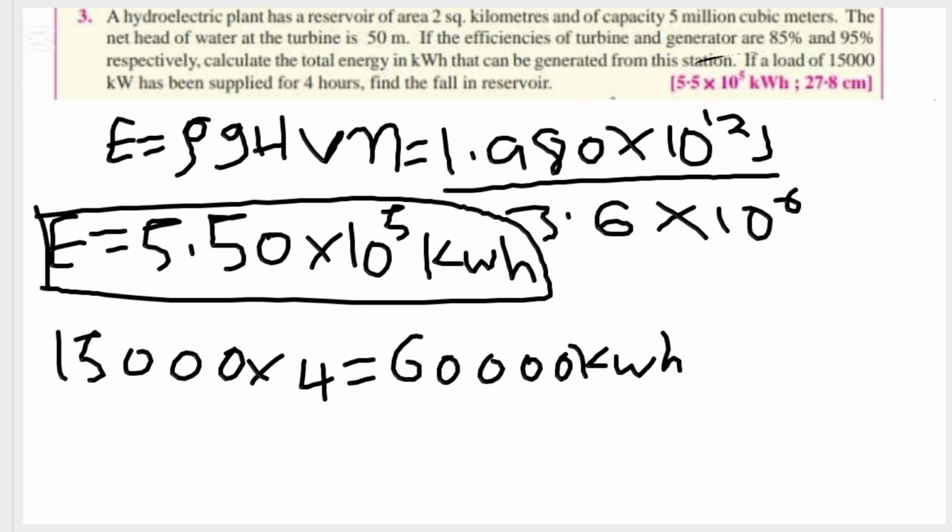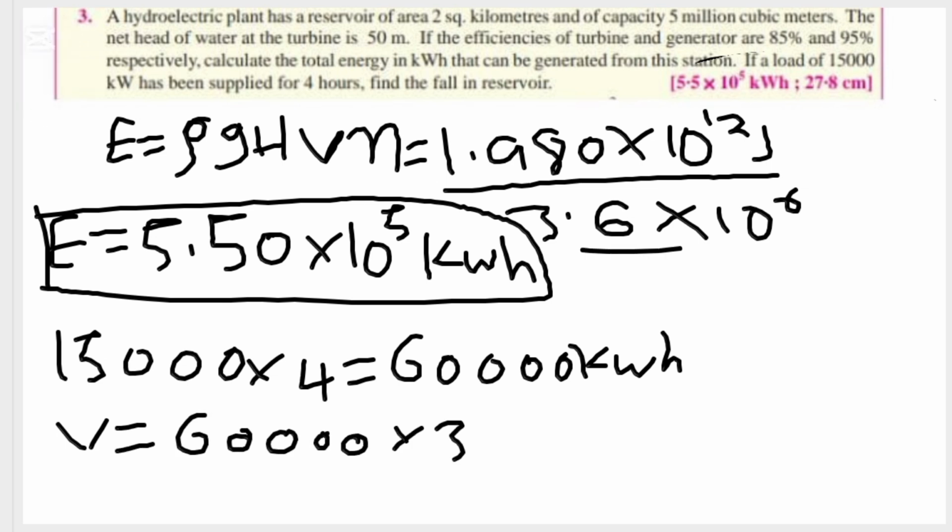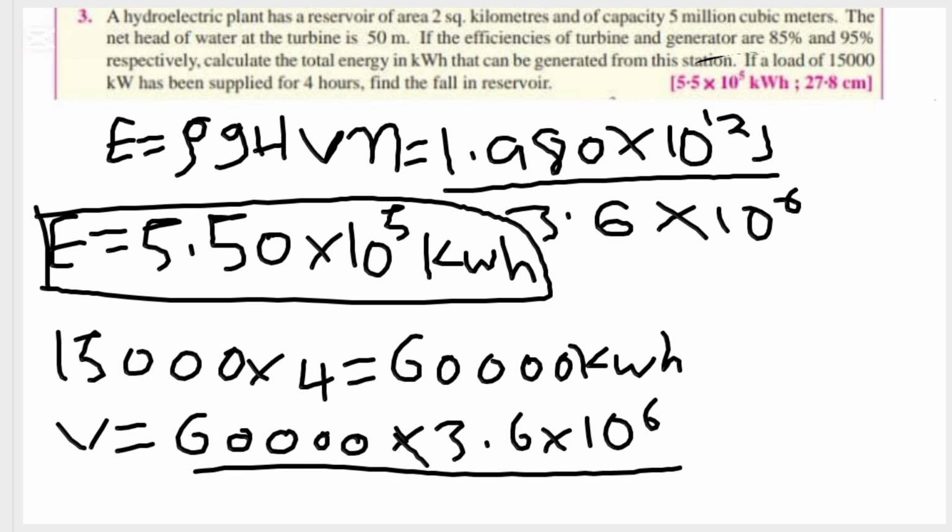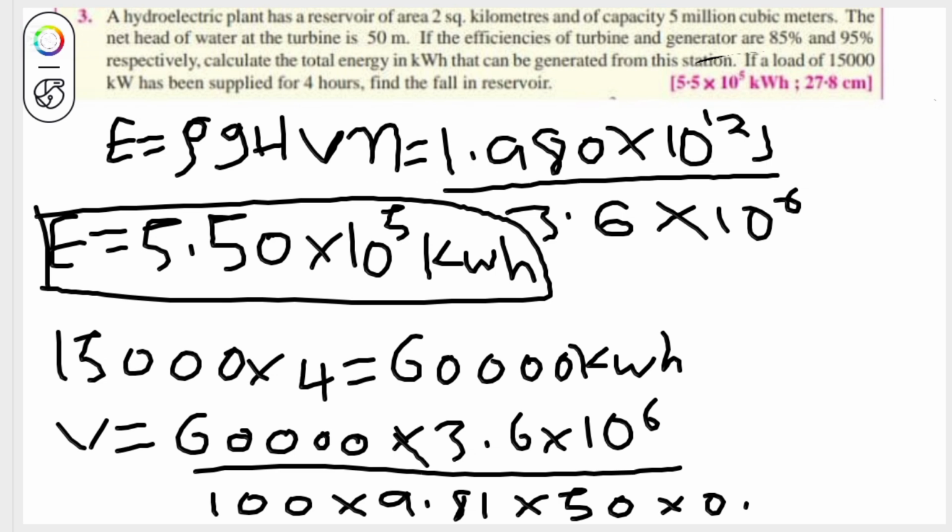So therefore the water volume used will be equal to 60,000 multiplied by 3.6 times 10 raised to the power of 6, divided by 1000, and then multiplied by 9.81 and multiplied by 50, and also multiplied by the overall efficiency 0.875.